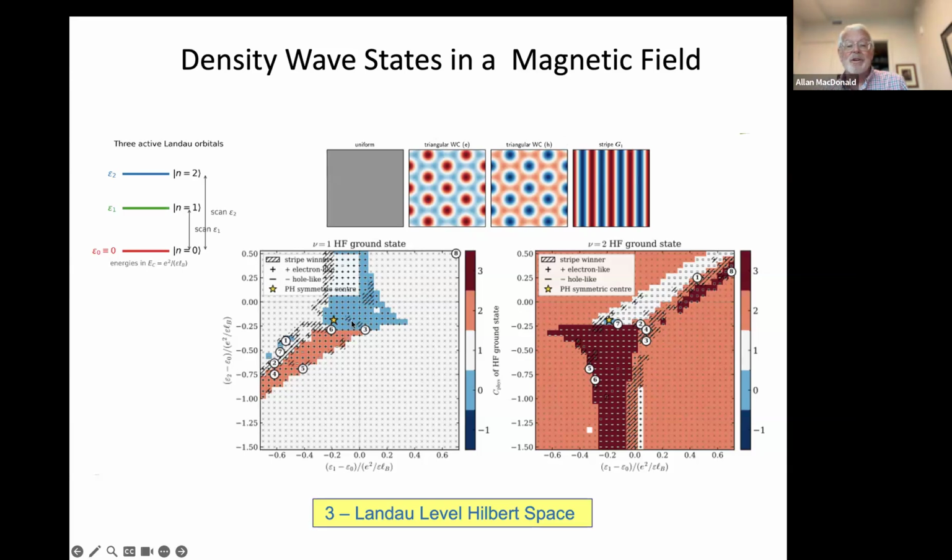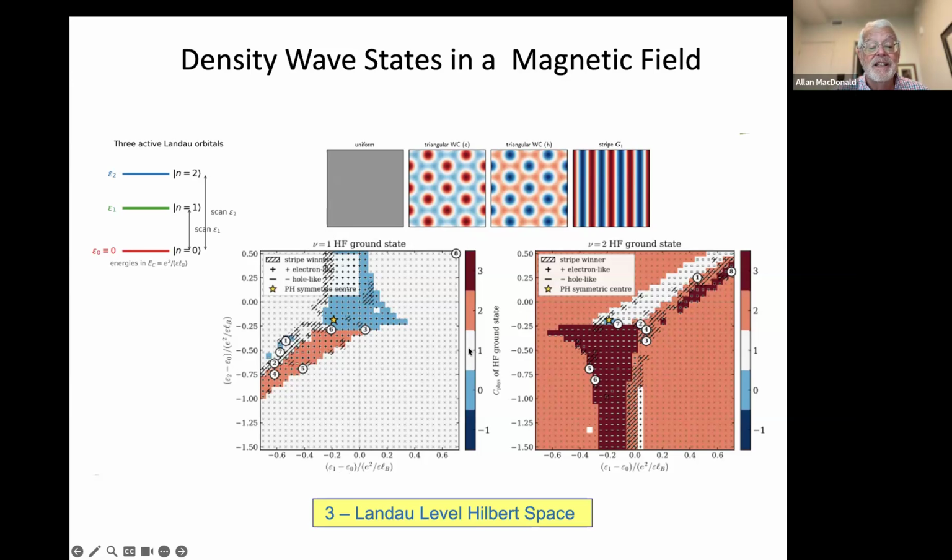And so the main thing that you find that is, I think, relevant to the experiment is that when the first Landau level is a little bit below the second Landau level, then even at filling factor 1, where if you didn't include very strong Landau level mixing, the ground state would be a uniform density, full Landau level state with no broken translational symmetry and Hall conductivity 1.